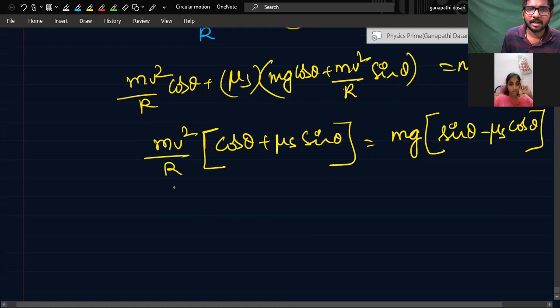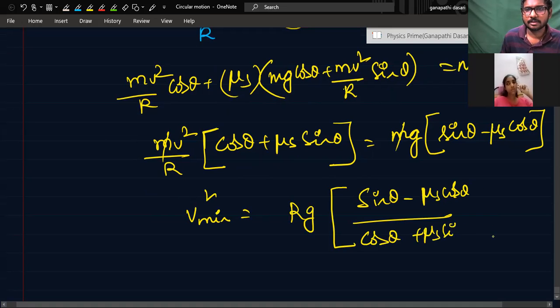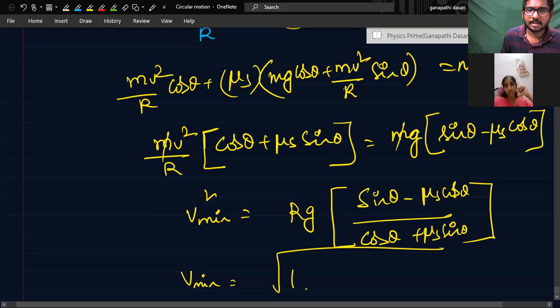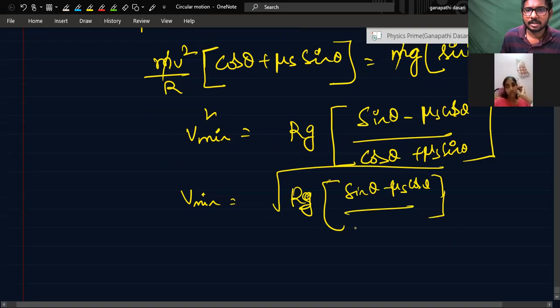So m cancels. That gives V minimum square equal to rg into sin theta minus mu s cos theta by cos theta plus mu s sin theta. V minimum is equal to root over rg into sin theta minus mu s cos theta divided by cos theta plus mu s sin theta.